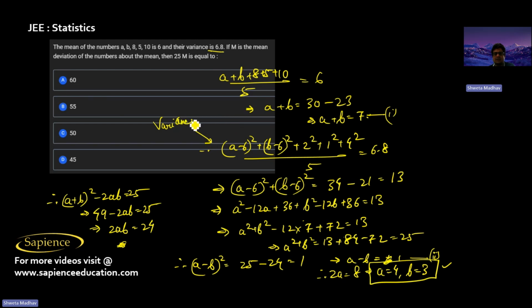Variance is equal to summation of (xi minus x bar) whole square by n. So here n is 5 and x bar is 6. So we have subtracted 6 from every observation and found out the variance, and the variance has been given as 6.8.